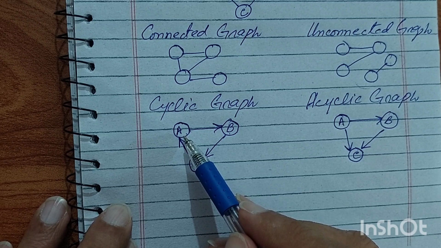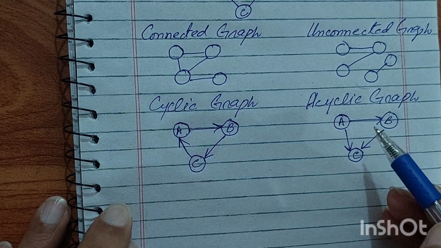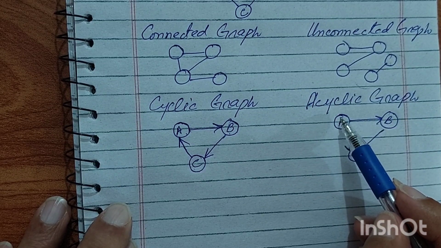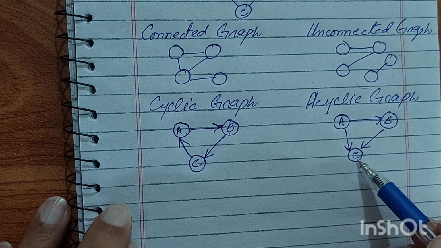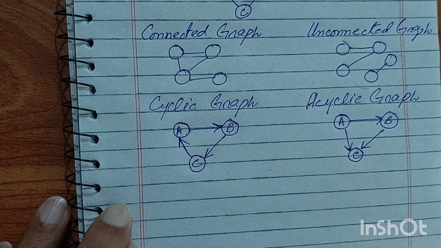And if there is no cycle in the graph, then the graph is called acyclic, just like this one. We can move from A to B, B to C, but we cannot move from C to A. So this graph is acyclic.